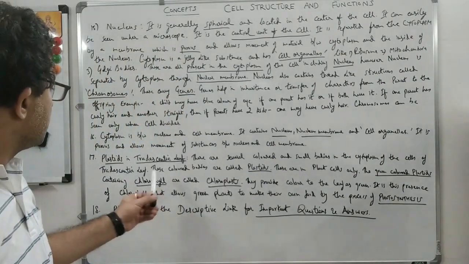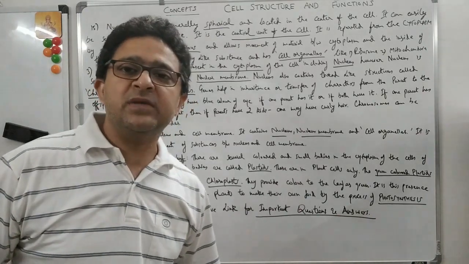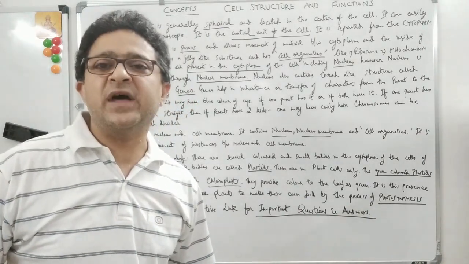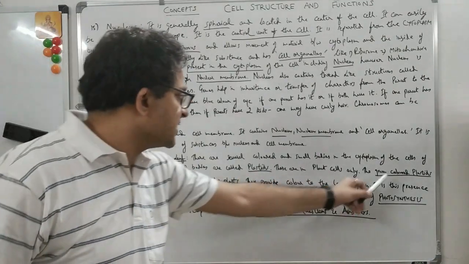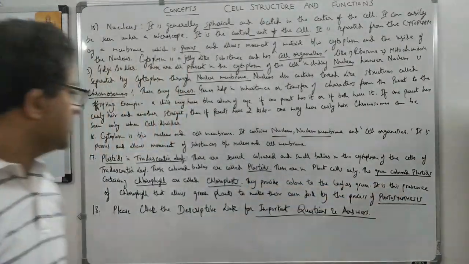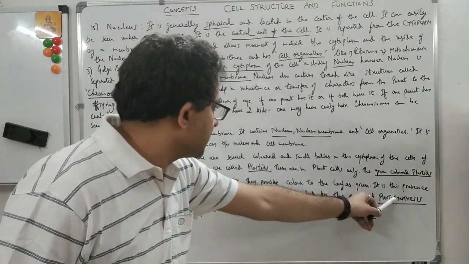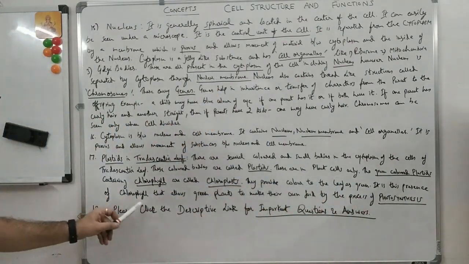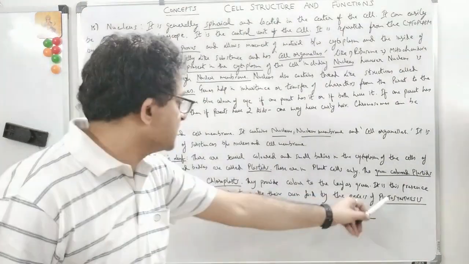If there is no chlorophyll, there will be no preparation of food. The green plastids provide the green color to the leaf. It is this presence of chlorophyll that allows green plants to make their own food by the process of photosynthesis.